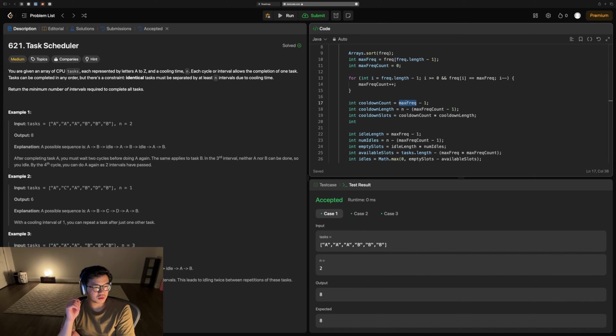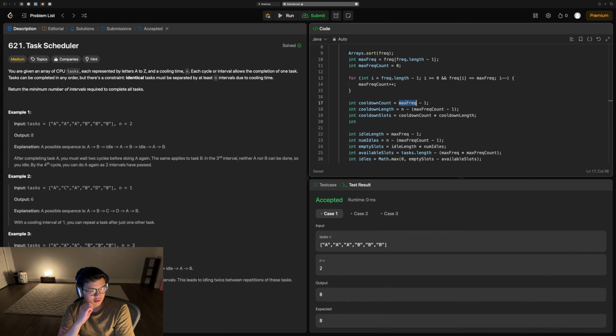Is that really the cooldown count? The amount of times we have to cool down. So we cool down that many times. Okay, yeah, actually that makes sense. Cooldown length. Okay, I think I'm overthinking this.